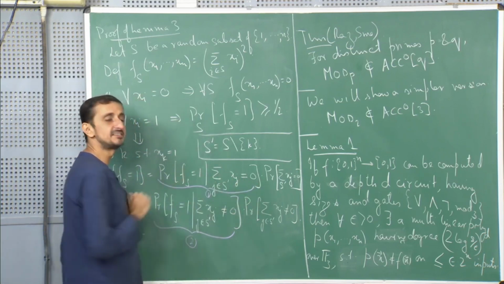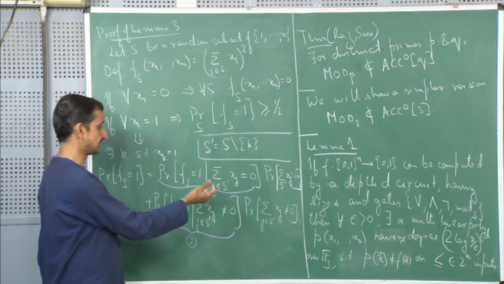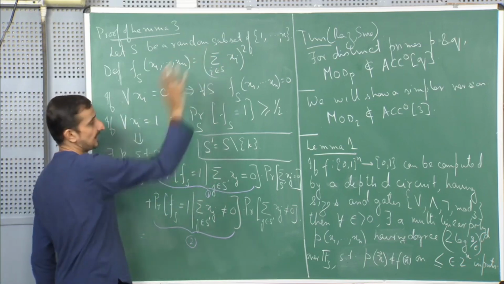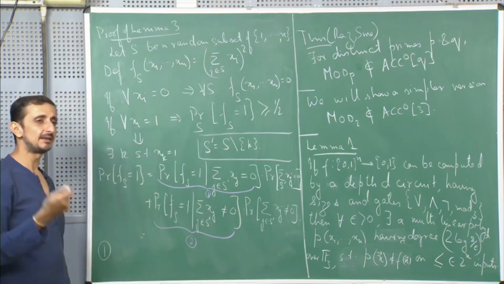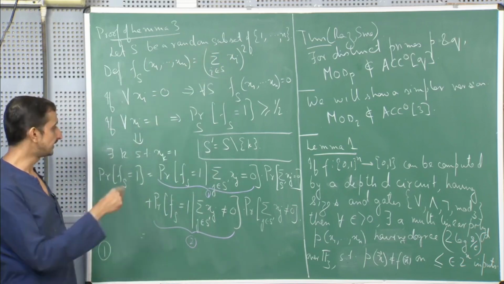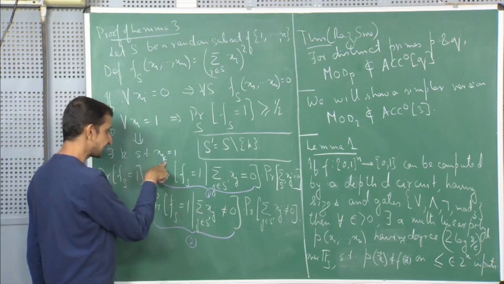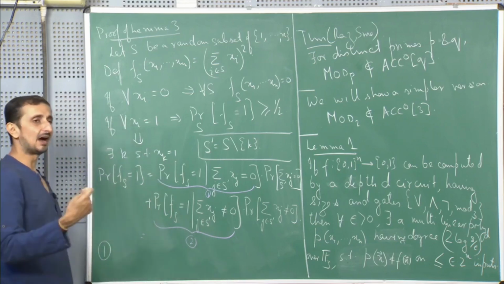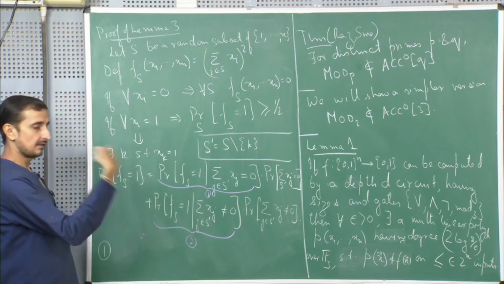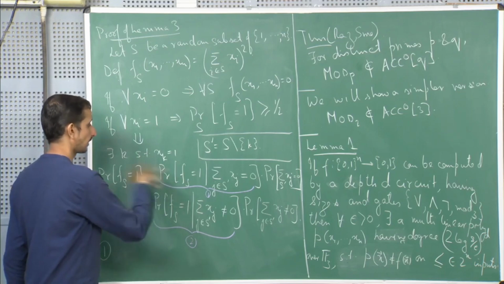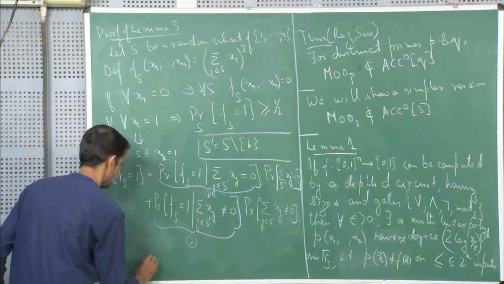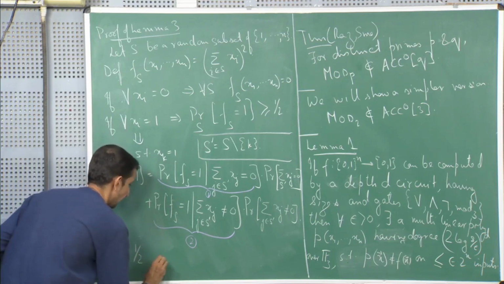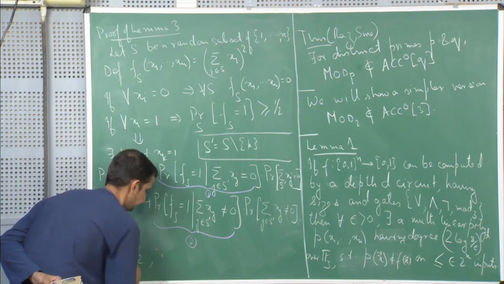That all these x_j's are equal to 0. Now, how do I pick my set S? This S is picked randomly. By randomly it means that each element is picked with probability half, whether to include it in S or not. Now, x_k is also chosen with probability half, whether it will be included in S or not. So, therefore, this is equal to half.